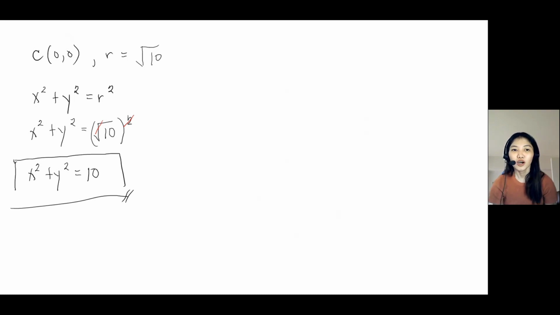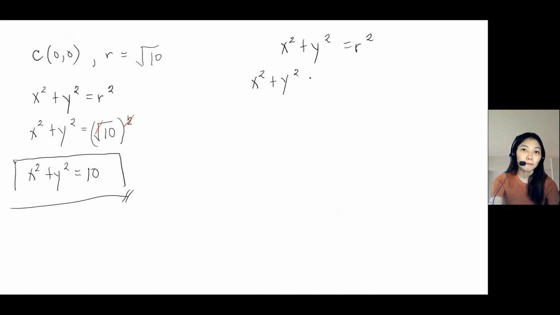Okay, so now, what will be the general form of the equation of the circle? So the standard form of the equation of the circle is in the form of x squared plus y squared is equal to r squared. So the general form will be x squared plus y squared plus cx plus dy plus e is equal to 0.